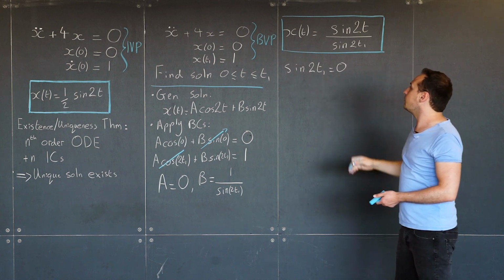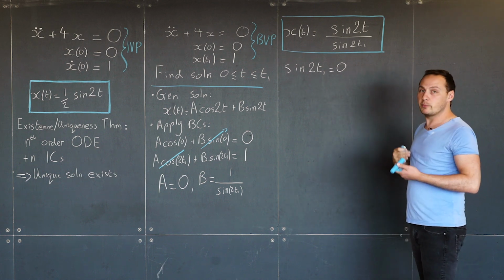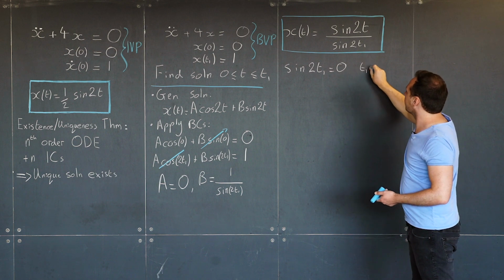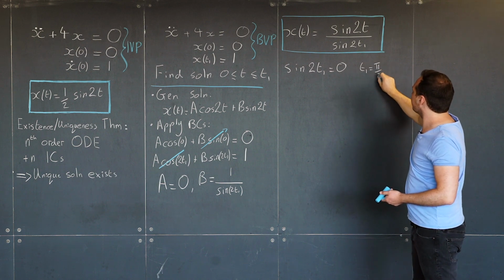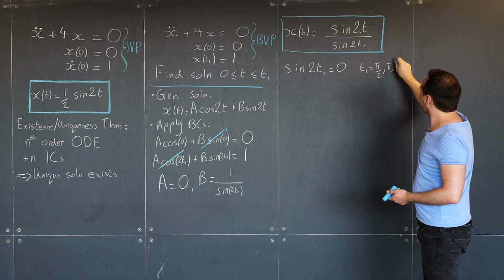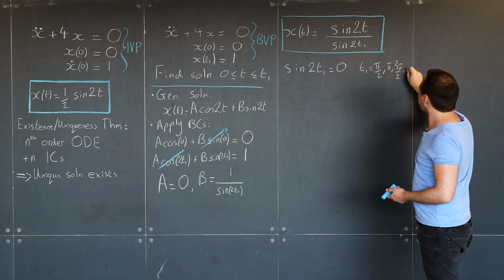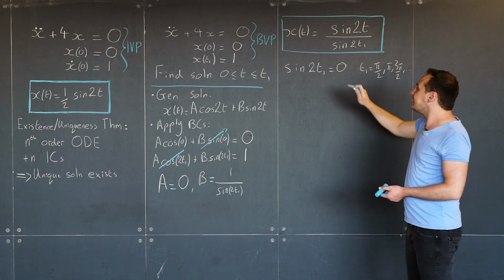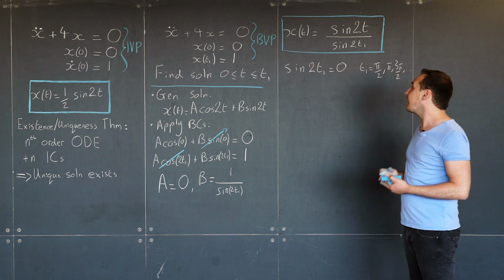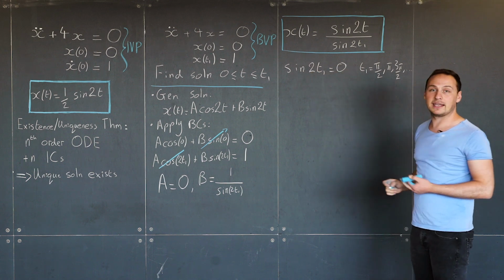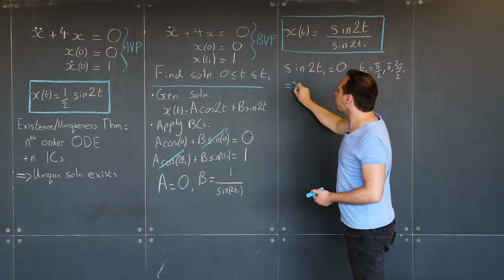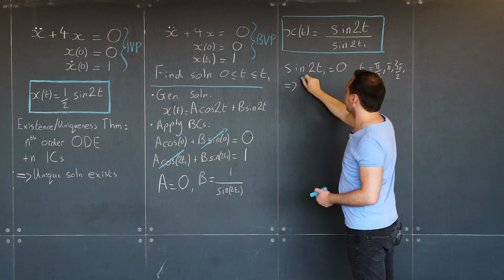Remember that sine of 2t1 equals 0 has multiple different solutions. For example, t1 equals pi over 2, pi, 3 pi over 2, and so on. When t1 takes on one of these specific values that make sine of 2t1 equal 0, then our boundary value problem does not have a solution.